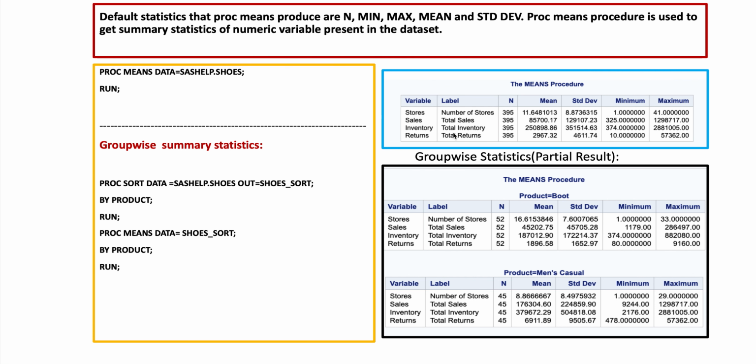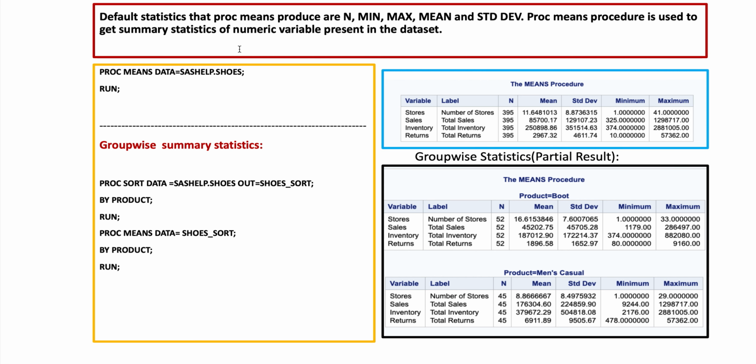If we have a label mentioned there, then it will produce the label. If not, it will not produce the label either. The other 5 columns represent the statistics for the default values. Those are n (number), mean value, standard deviation, minimum and maximum value.